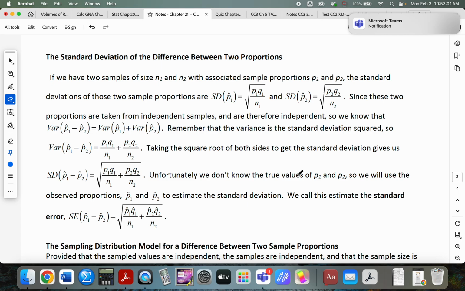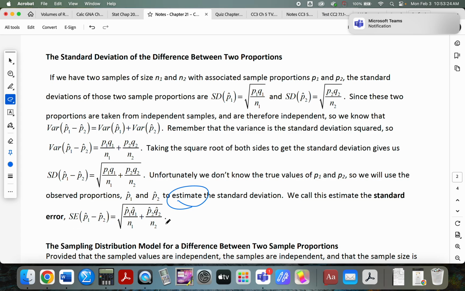Unfortunately, we don't actually know the values of P1 and P2. Remember, that's for the whole population. We don't know how many trees in the high elevation and in the low elevation have died. So we'll use the observed proportions to estimate the standard deviation. We call that the standard error.